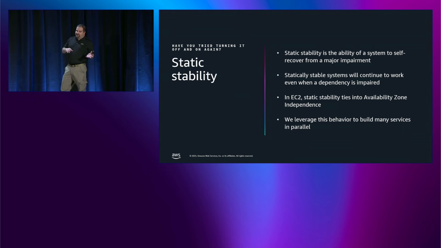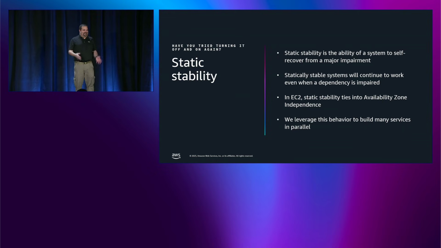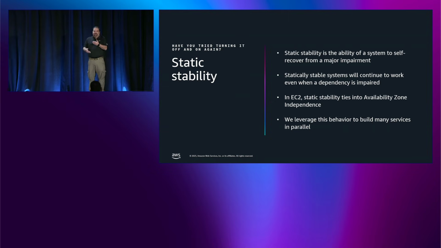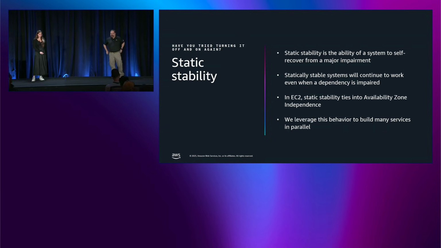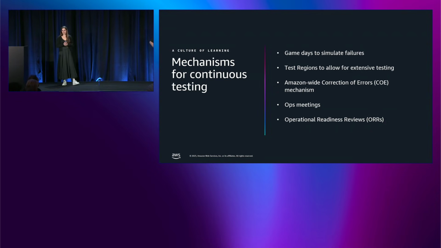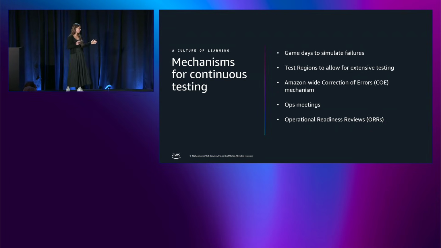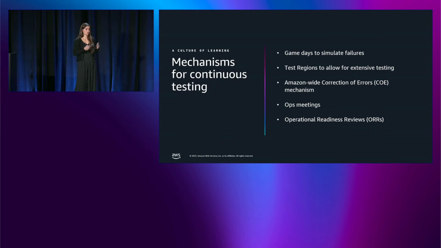So kind of moving on from that, we're able to talk about, all right, that sounds cool. How do we actually make this happen in real life and do things like testing to make sure that this stuff actually works? Yeah, so this all sounds great in theory, right? And we might plan for this, engineer for it, but how do we know it actually works? Well, we run game days.